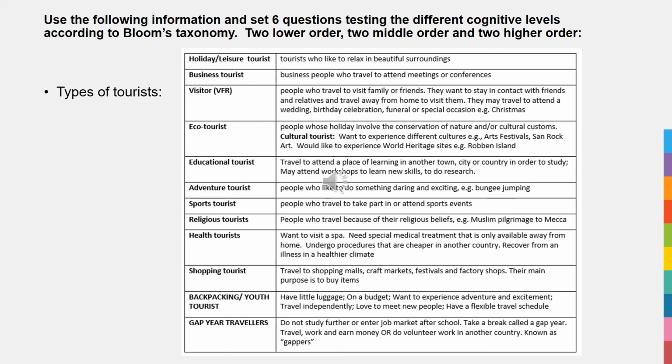And then I want you to set 2 low order questions. So go and look at your low order verbs. You're just going to ask them to remember things. Okay. I want you to set 2 middle order questions, testing understanding. And I want you to set 2 higher order questions. Just on this information. Now, I've given you examples. Let's look at the next slide, and there will be examples.